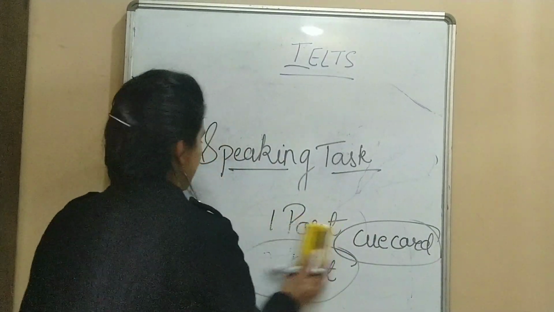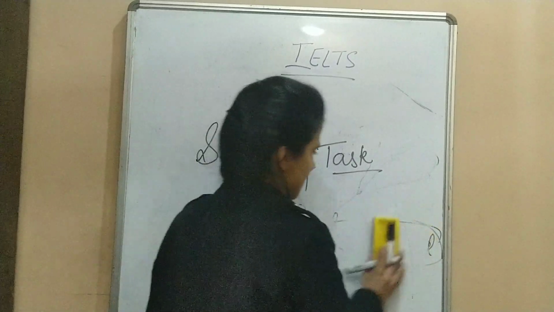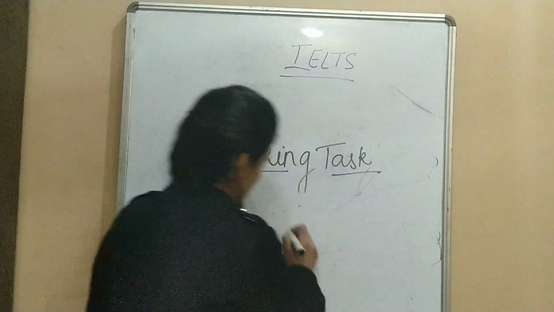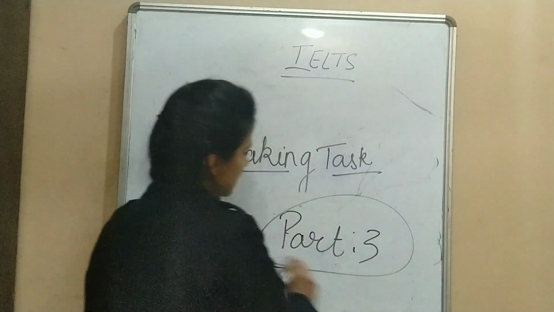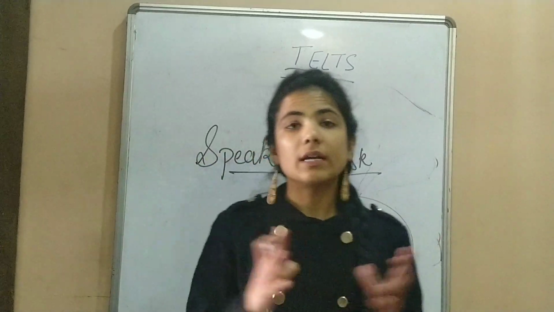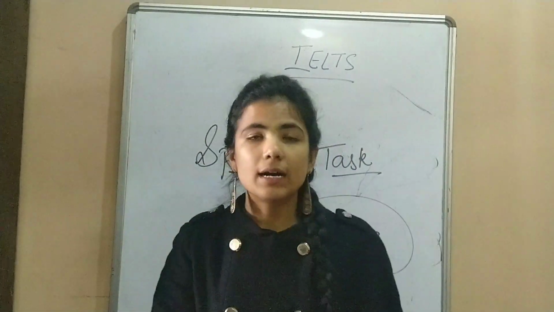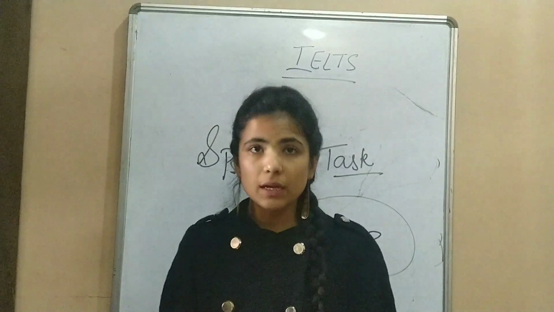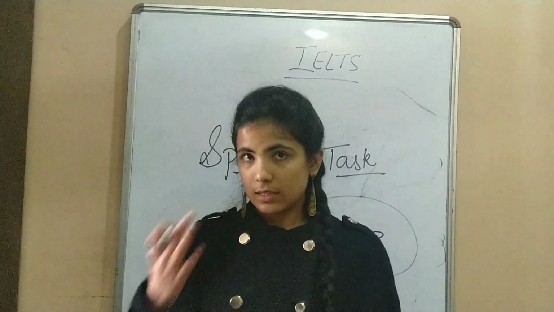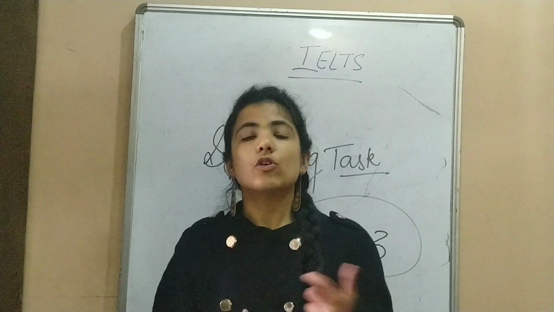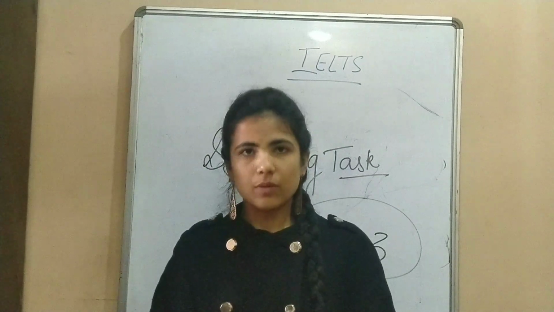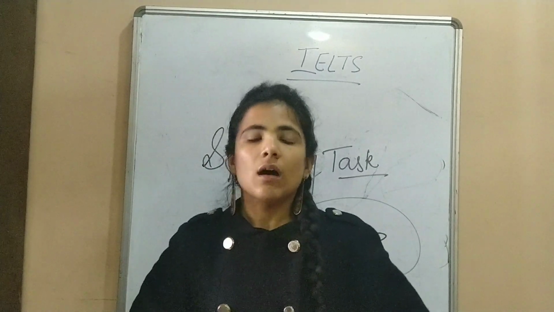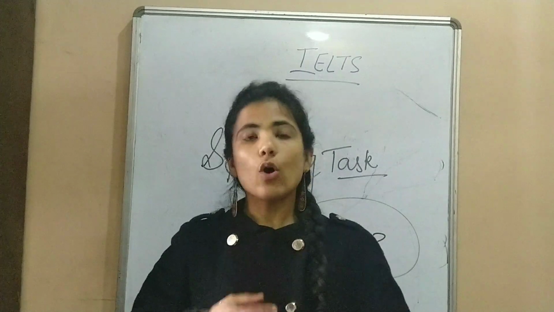Now coming to part 3. Part 3 is a discussion topic. A one-on-one discussion takes place. The candidate answers the questions on the discussion topic, and the examiner would also be asking questions in contradiction. For example, you have been given a topic about children's offline education and online education.